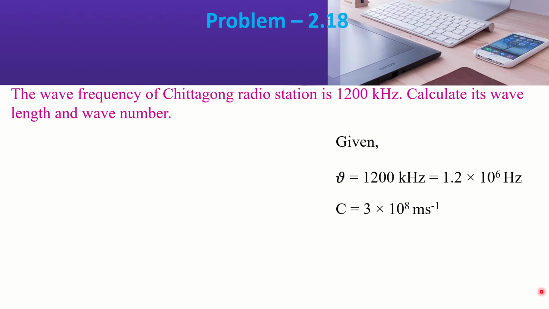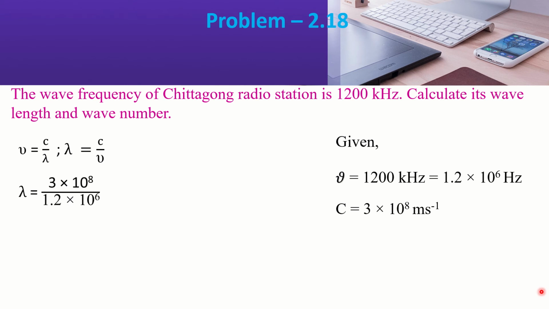And velocity of light, that you know, c equals 3 × 10^8 meter per second. Now, from the equation nu equals c by lambda, we can write lambda equals c by nu.